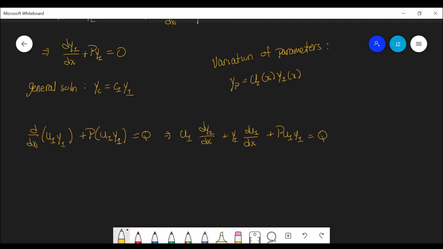Now let's group our u1 terms together. So u1 times (dy1/dx plus p y1), plus y1 du1/dx is equal to q.